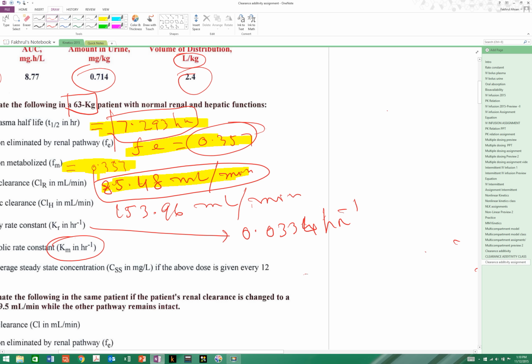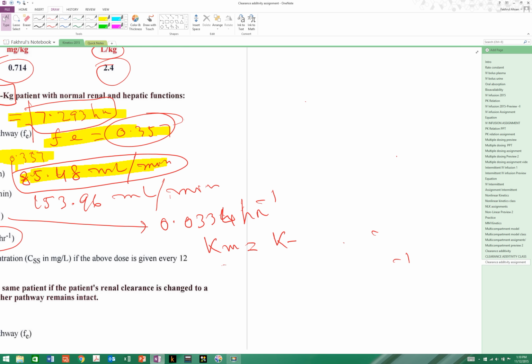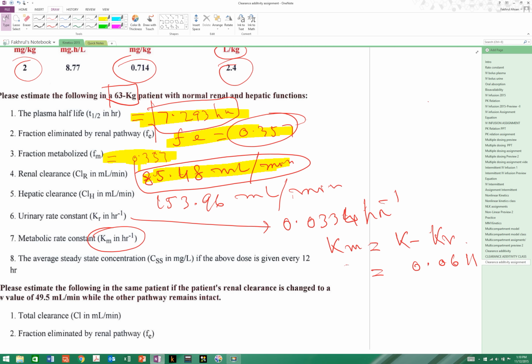Km is equal to K, the elimination rate constant, minus Kr, and it is going to be 0.0611 per hour. So this is going to be your Km.